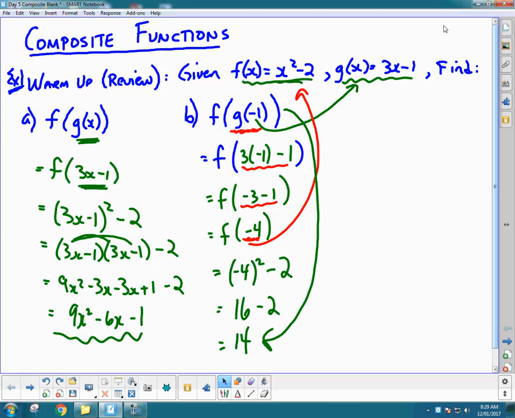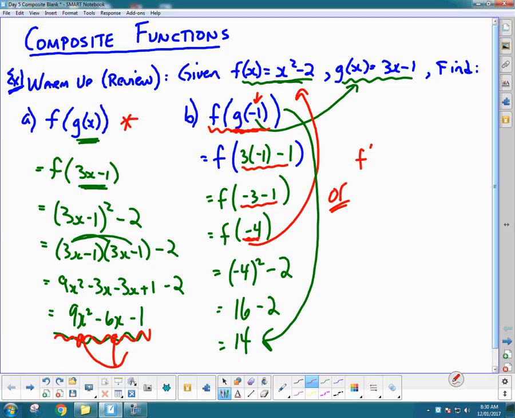So that's not the only way of doing this question. Because in this particular warm-up, I asked you to find this function in general first. I asked you to find the f of g at x function. And it turned out the f of g at x function is this. So if I ask you the f of g at negative 1, you can actually sub negative 1 right into this function. And you should get the same answer.